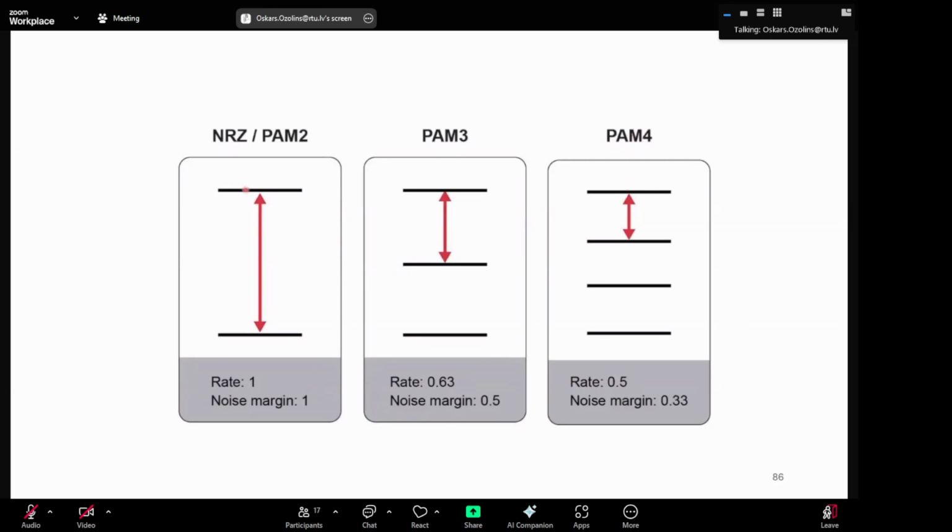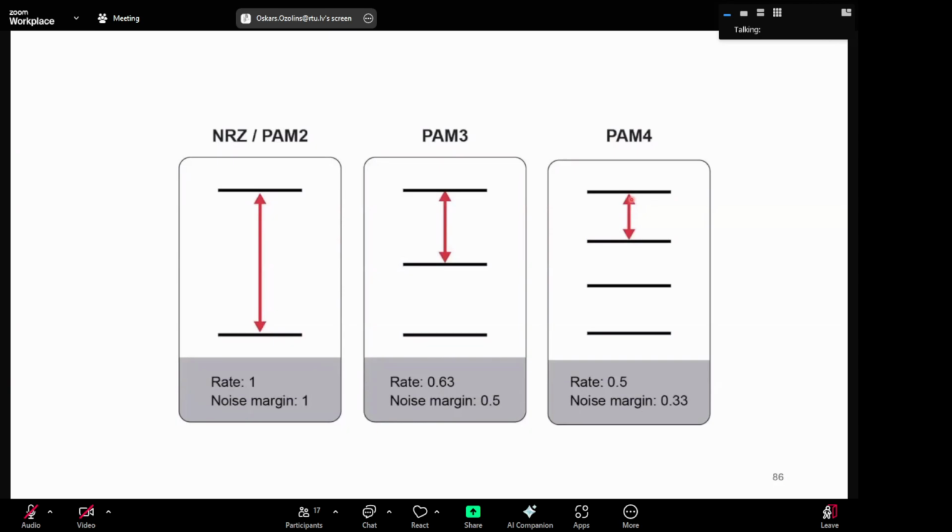Here if you look at PAM2 or PAM3, or this can also be regarded as electrical binary, depending on coding how you look at it, your noise margin is 0.5 here and 0.33 here if we compare PAM2 to PAM4. So that's what I was talking about: here the eye opening is much smaller.